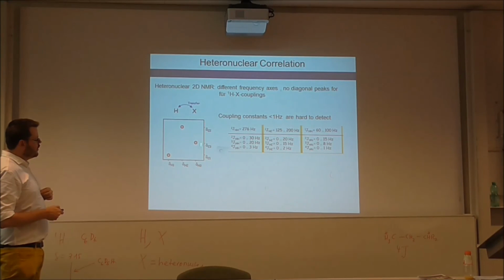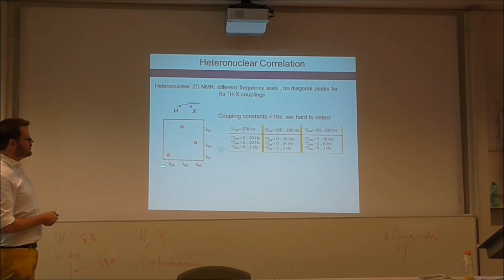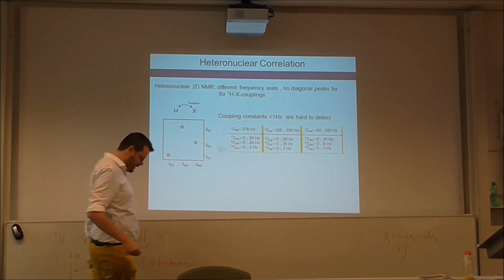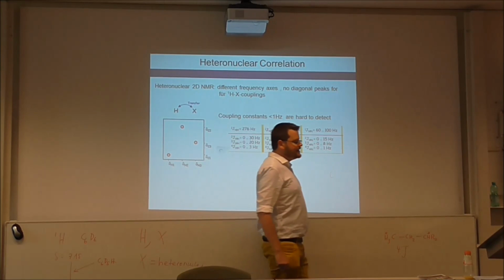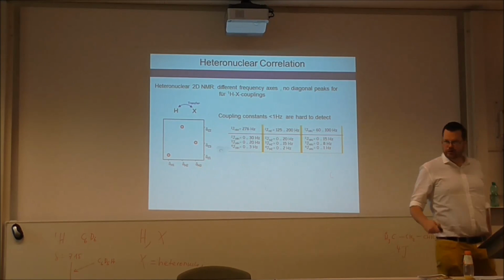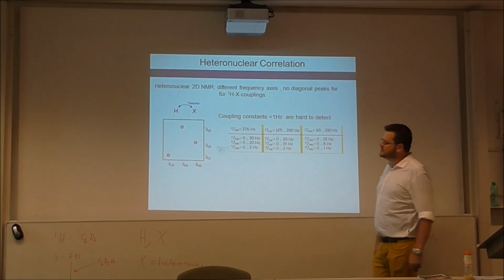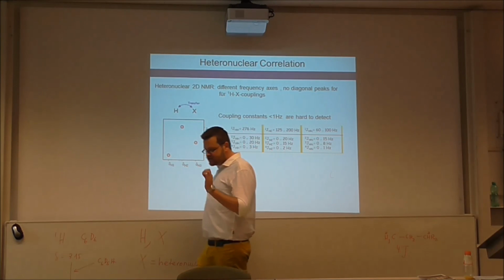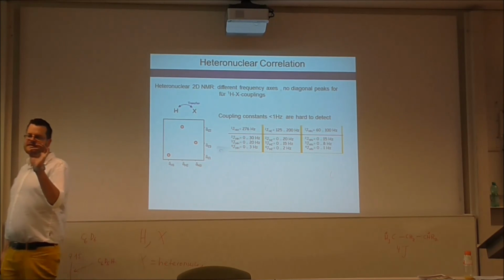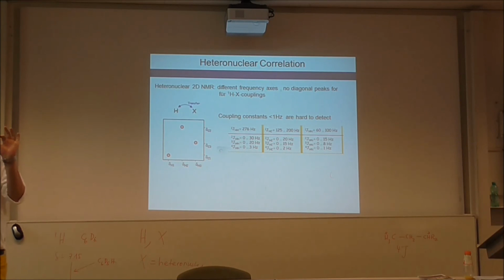On the y-axis you'll have the carbon, on the x-axis the proton. As you all know, you will have the proton NMR spectrum there, the 13C spectrum there, and you will see cross peaks. These cross peaks depend on what sort of 2D heteronuclear NMR experiment you're doing.